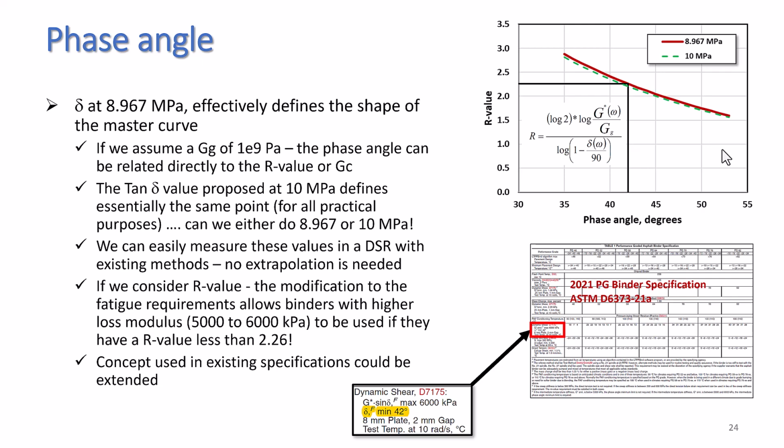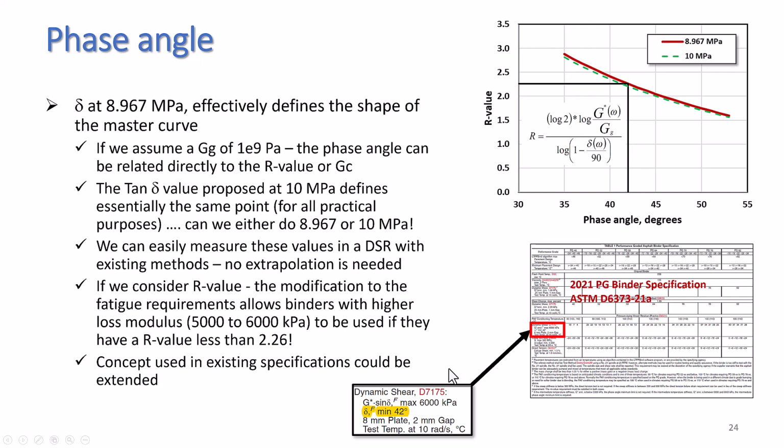And I think the industry now is coming to a value of 10 megapascals rather than that original 8.967. This phase angle approach has been implemented in specifications, to allow us to use stiffnesses which are higher for the G star times sine delta if the phase angle exceeds a minimum value of 42.